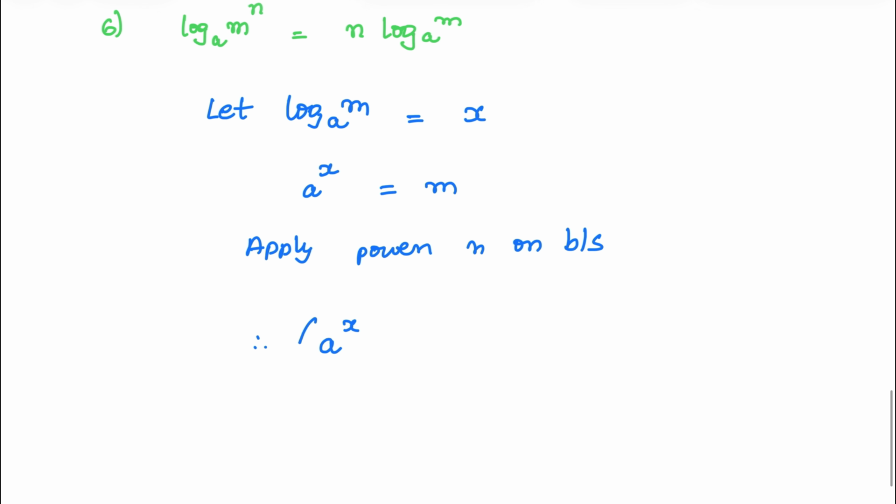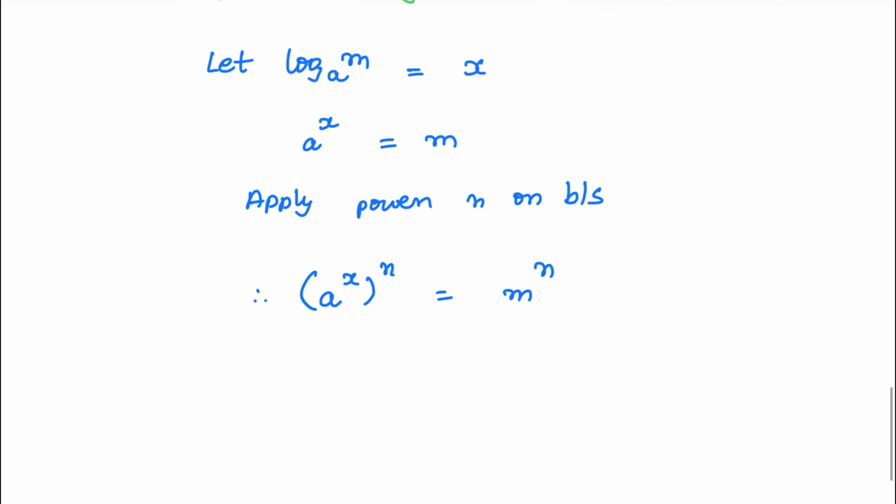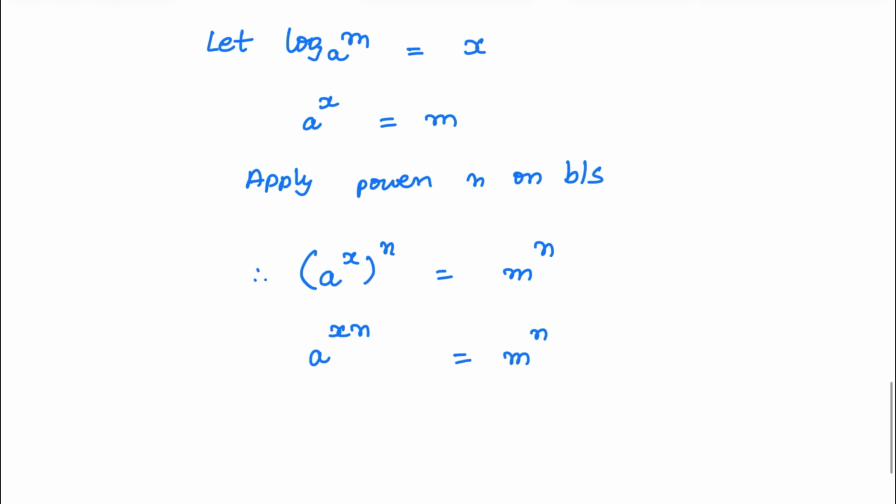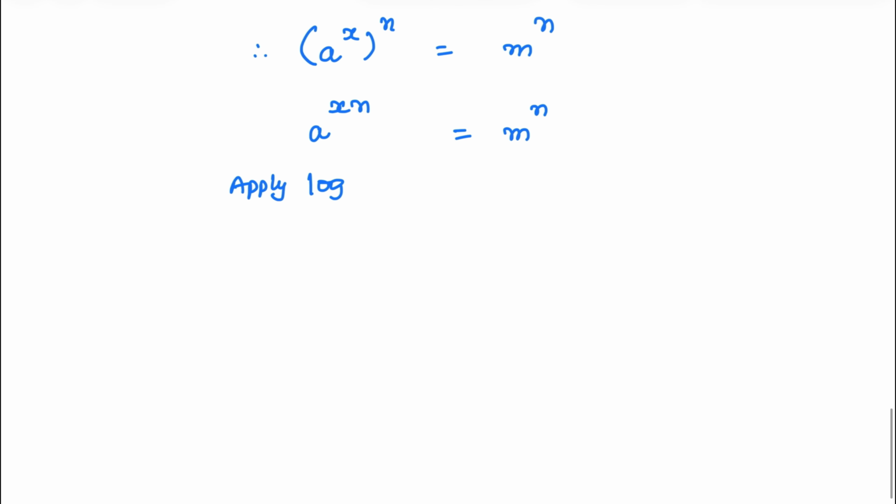Therefore, a power of x whole power of n equals m power of n. A power of xn equals m power of n. Apply log. Therefore, xn equals log m power of n base a.